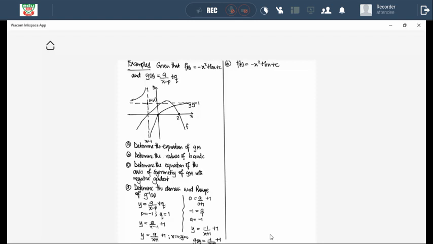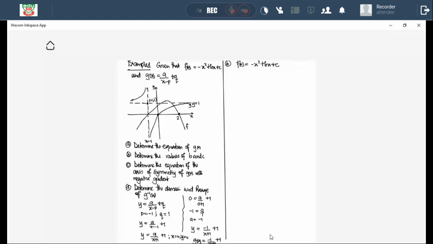For me to get the value of b and the value of c, all you are supposed to do is come up with the equation of f of x. F of x is a parabola, as you can see, and I'm supposed to come up with the equation of a parabola.